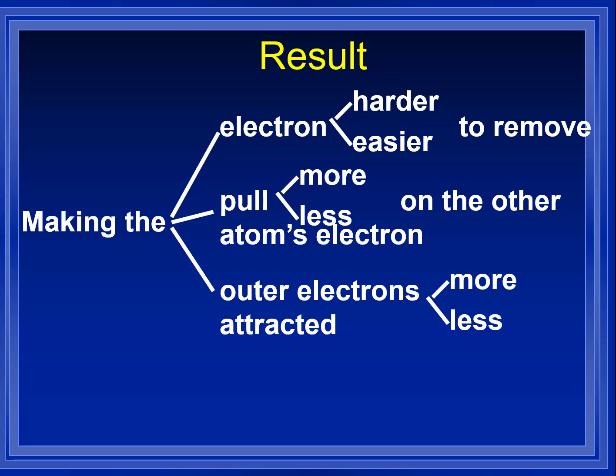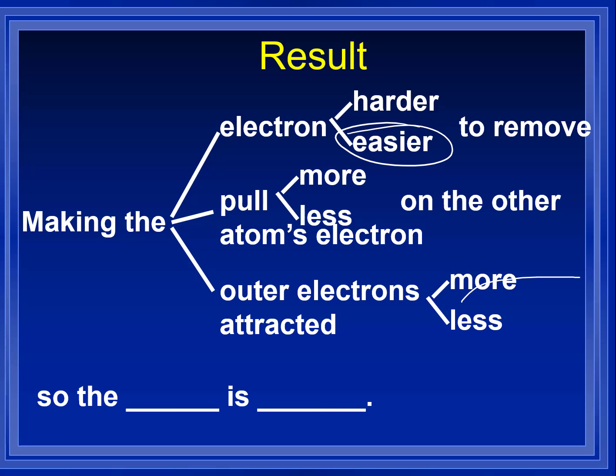So it's got to be a top one, and making the electron easier to remove. So the ionization energy is lower. See how the pieces fit together? Once you pick period, you've picked the reason. Then you have to just understand what you're measuring.